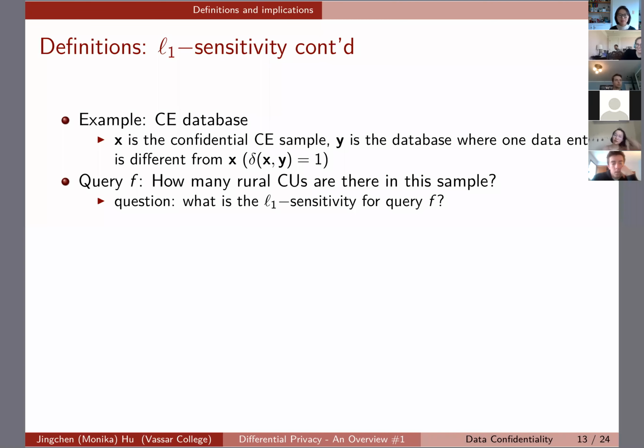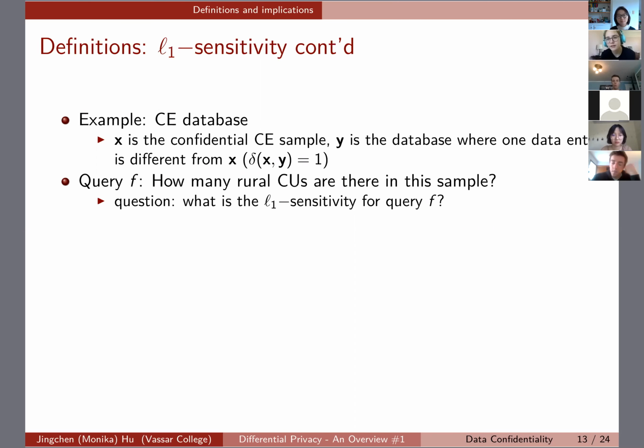Anyone? Any thoughts about what the L1 sensitivity is for this count query? It will be the maximum possible change of the count if I have two databases that differ by one record. Sarah?